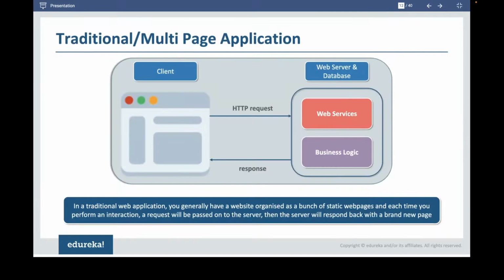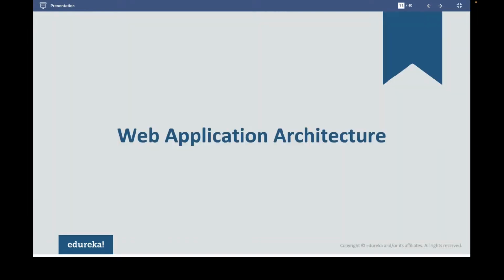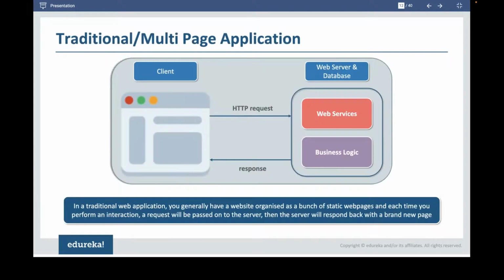Now, the next topic is web application architecture. This is a kind of evolving set. When the internet was launched and applications were created, they were what are now called traditional or multi-page applications. So what is a traditional or multi-page application?